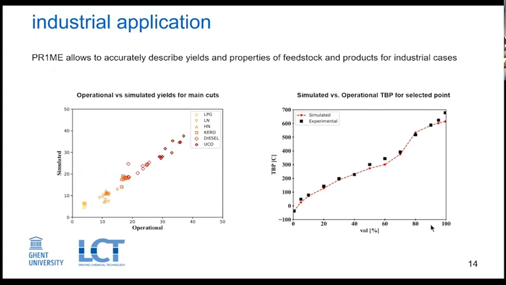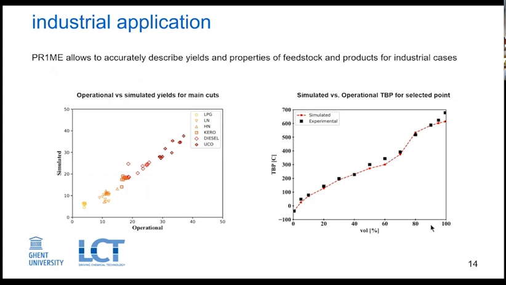These are some industrial applications for Prime. This is a case in which the real operational performance of a hydrocracker over some weeks of operation was modeled, and the correspondence between the simulated and operational data is very good. This is an example of one of the data points.